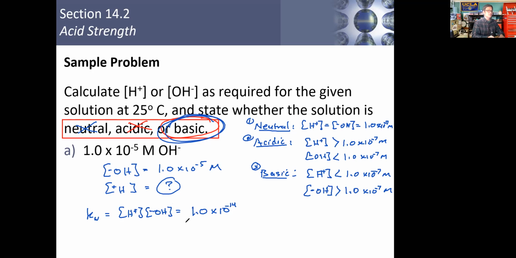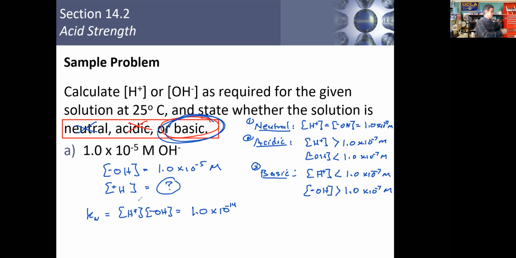Based on this, after that it's just plug and chug, substituting in, and you can solve for the hydrogen ion concentration. This calculation ends up being very, very simple, folks. Tomorrow I'll pick up right here and work out this problem for us.